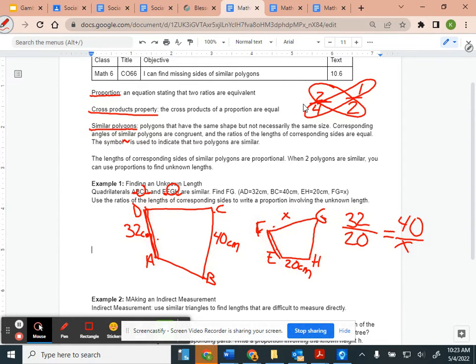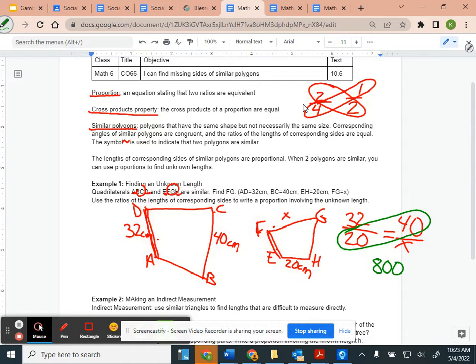If I'm going to use cross products, I want to multiply 20 by 40. What is 20 times 40? Josie? Say 800? Yeah.